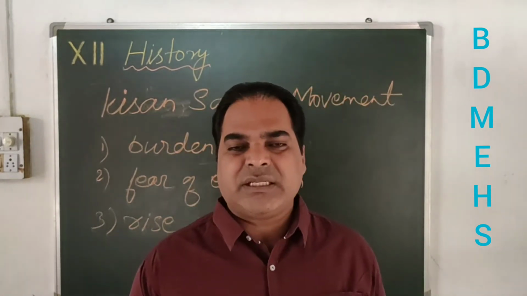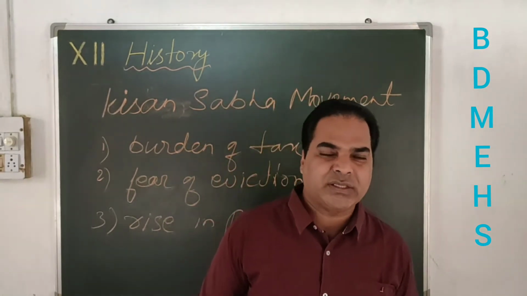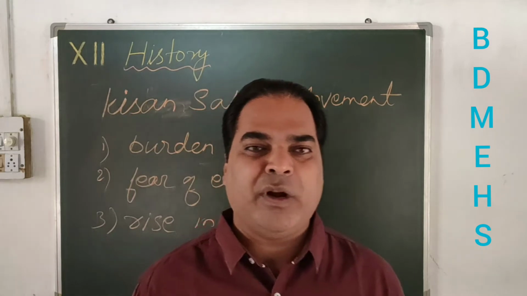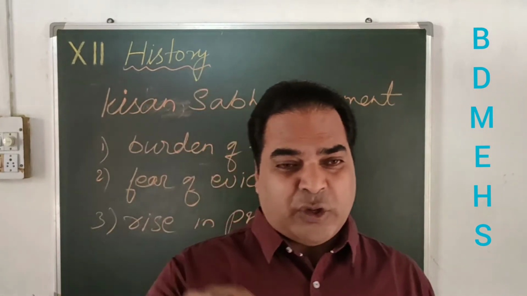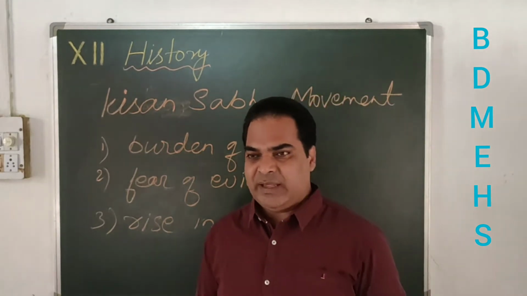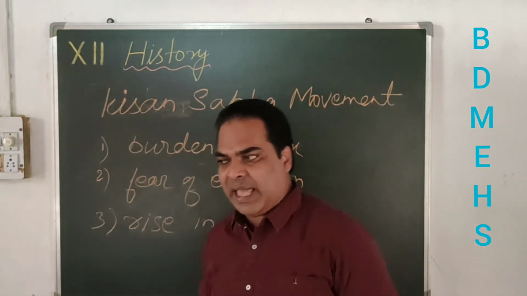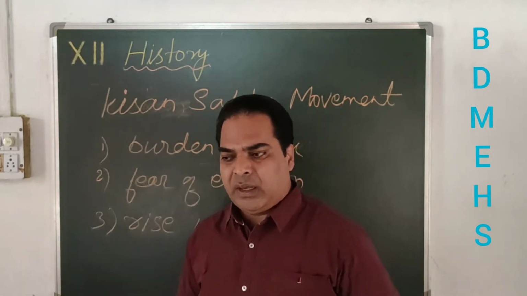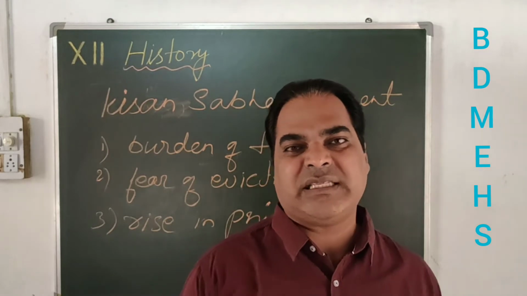Now let us discuss the movement that was going on during 1919 and the 1920s, the national movement known as the Non-Cooperation Movement. It was a time when the leaders of the Congress thought that we can attract the farmers to join our national movement.